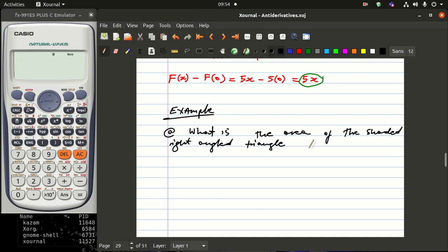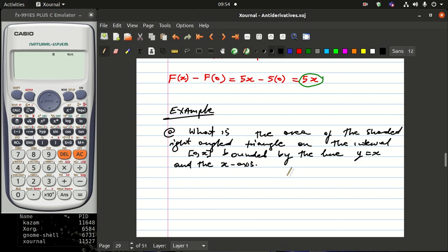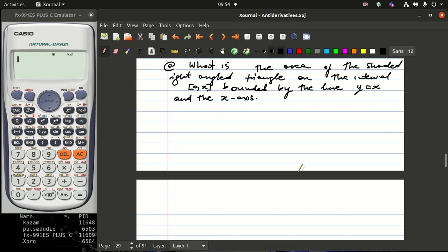We want to find the area on the interval, so now we are moving still from 0 to x, bounded by the line y is equal to x, and the x-axis. Now, let's first draw this statement here, what is being said here.